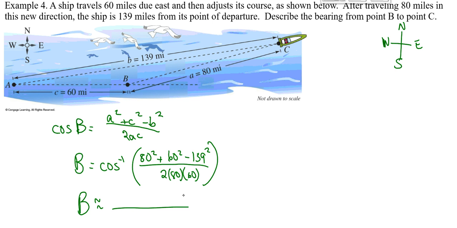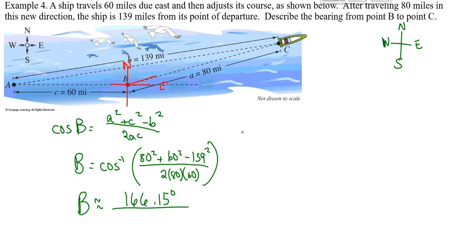Okay, we should have found that this is 166.15 degrees. So keep in mind that's that whole angle B right there. But we want to think about our north star here. So we're going north, and then from north, we're going to go towards the east.